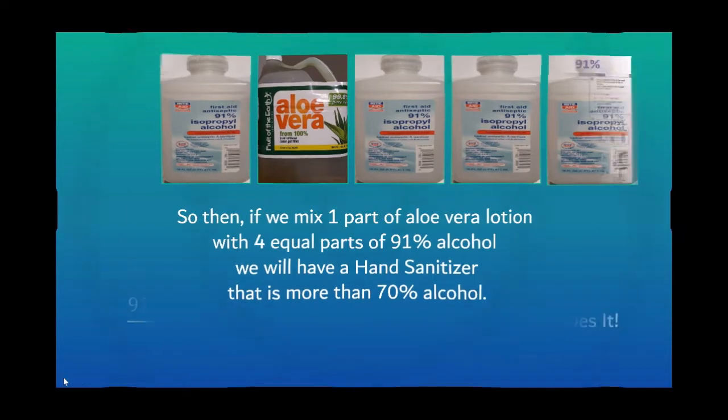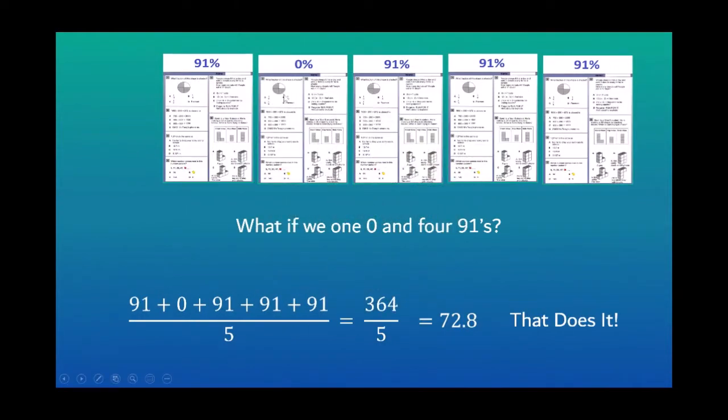And we related this to the concept of having a 0 on a quiz, but if we had 4 91s, the average would come out to be above a 70. And I also mentioned that there was a possibility that we could have a different combination of 0s and 91s that would change the average, and it might be closer to 70.